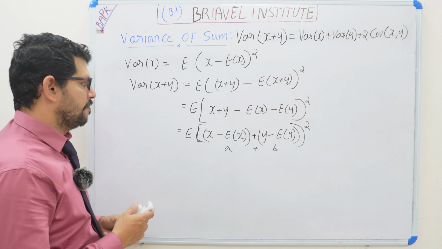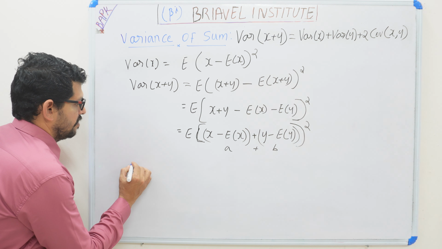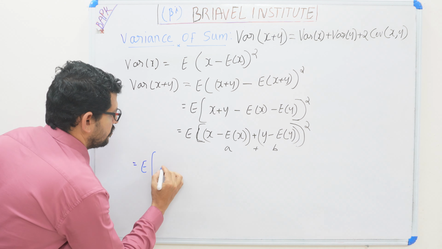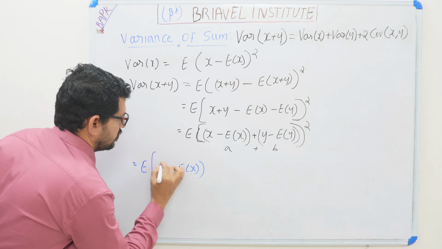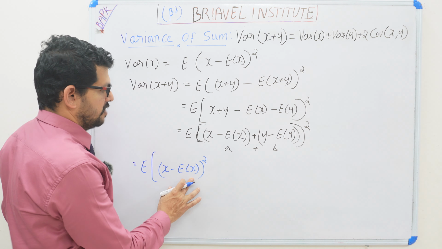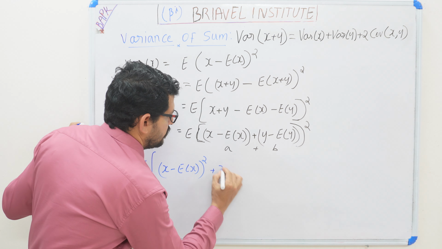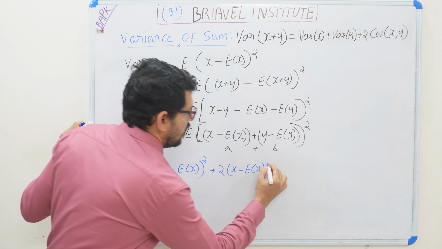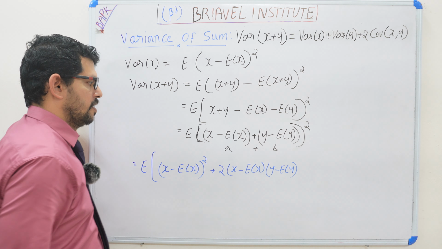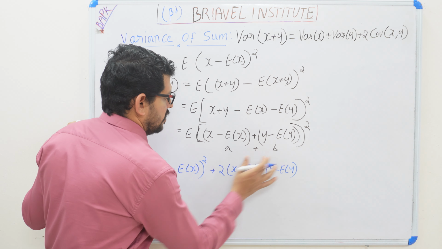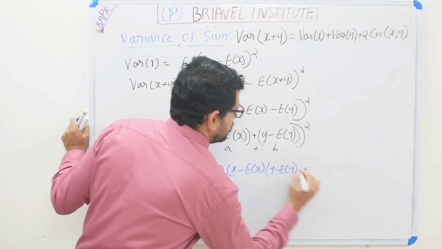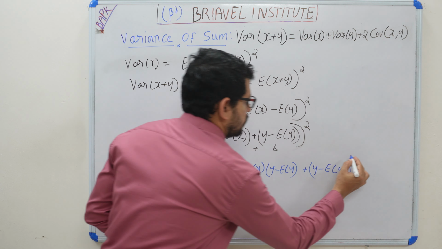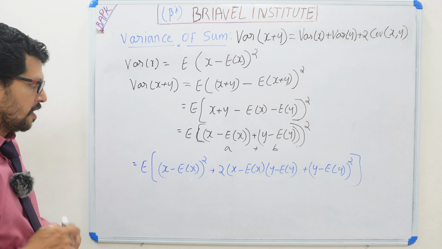So a plus b all squared is equal to a squared, that is x minus expectation of x all squared, plus 2 times ab, that is 2 times x minus expectation of x and y minus expectation of y, plus b squared, that is y minus expectation of y all squared. The total bracket is inside the expectation.